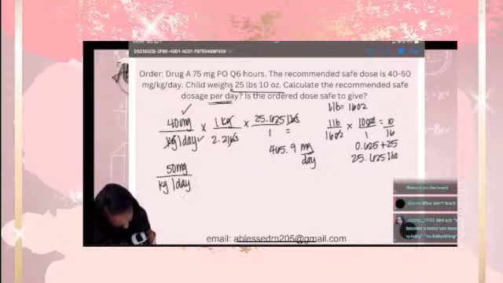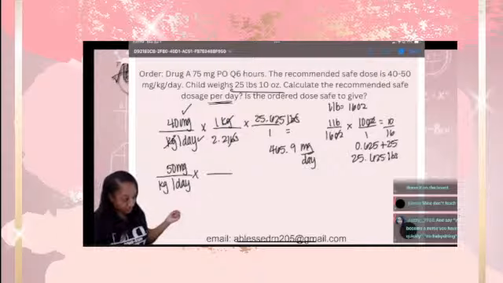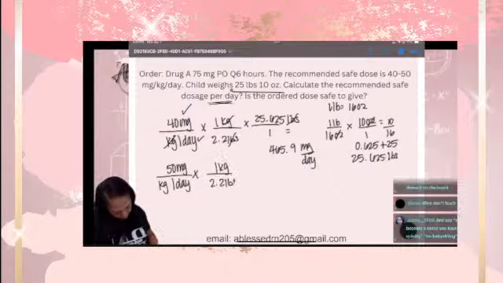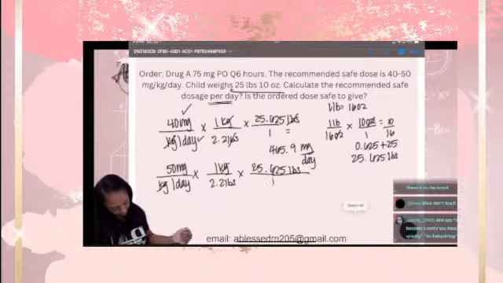All right, so now we need to find out the most. So the most is going to be 50 milligrams per kilogram per day, all right? So then 1 kg, 2.2 pounds, all right? And then we'll do our 25.625 pounds over 1. Kgs cross out, pounds cross out, you're left with milligrams per day.